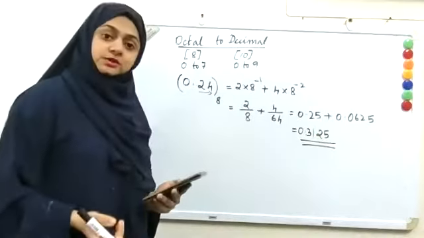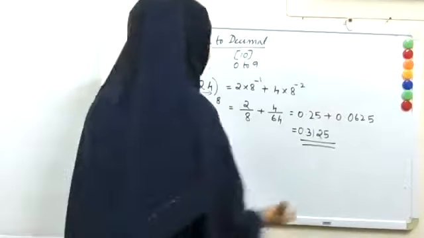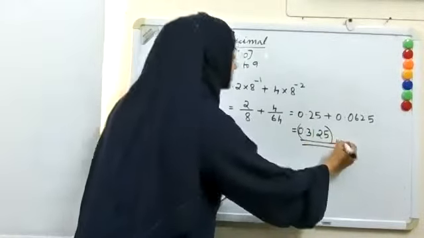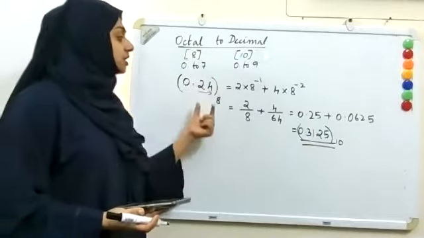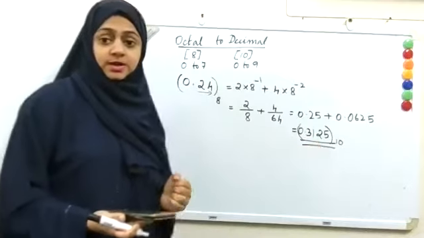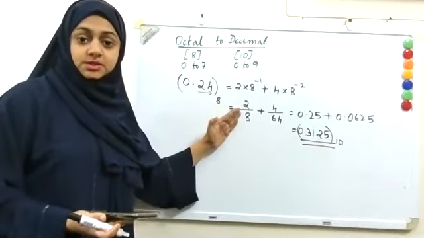You can use your calculators to find the fractions and also to add them. So this is to the base 10. This is how we convert the fractional part of an octal number to a decimal number. Is this clear to you?